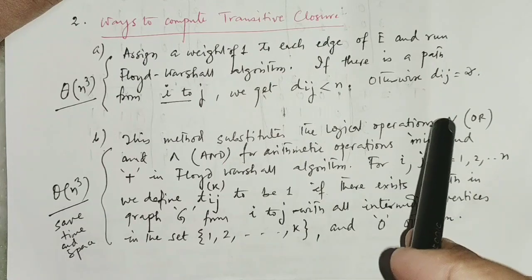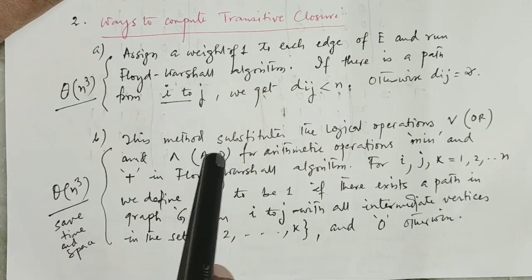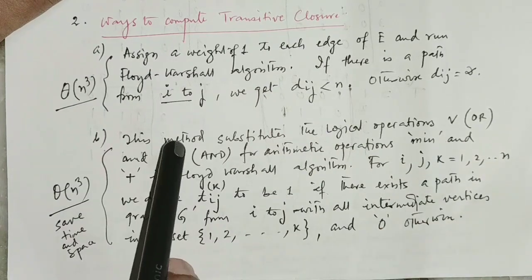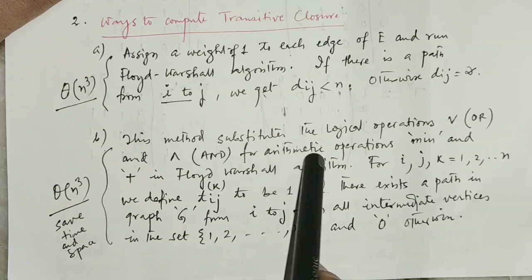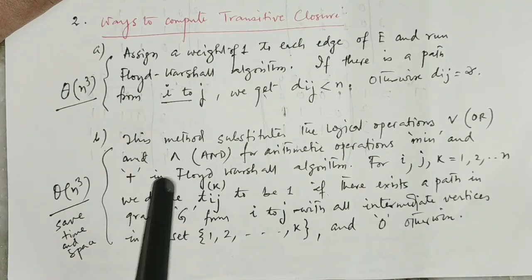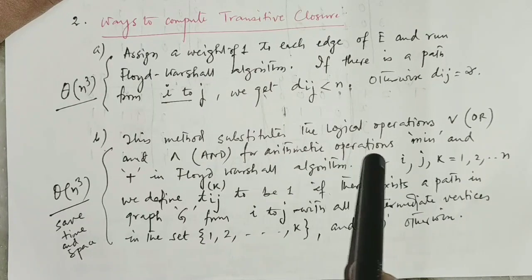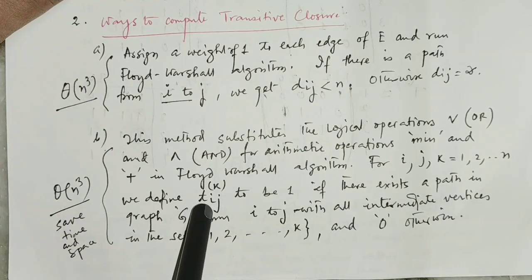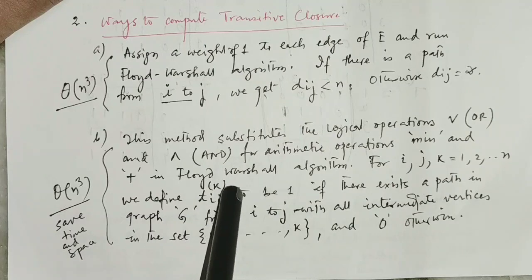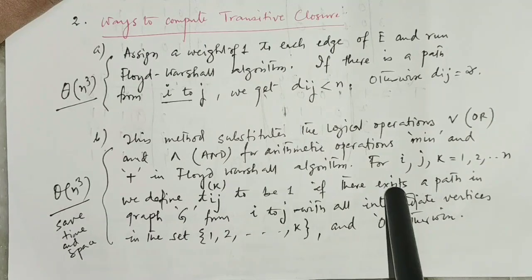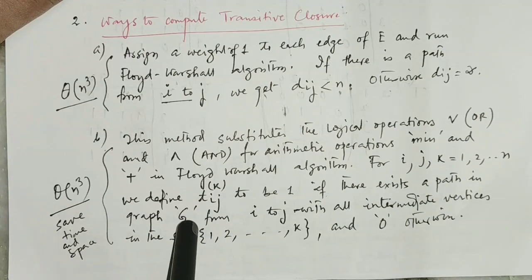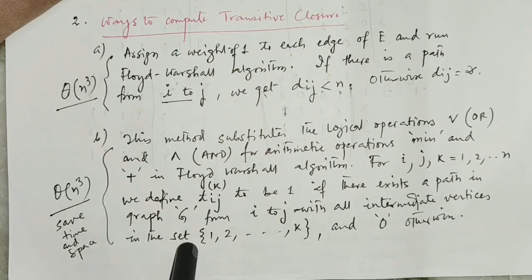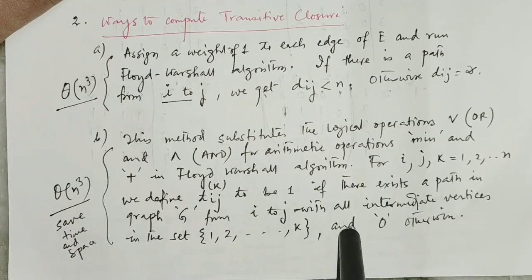Not always will you get the term OR, not always will you get the term AND. Some of the symbolic representations, the V type is called OR, and the other is called AND, for the arithmetic operations minimum and plus in the Floyd-Warshall algorithm. For i, j and k from 1 up to n, we define t of ij using k to be 1 if there exists a path in the graph G from i to j with all intermediate vertices in the set 1 up to k, and 0 otherwise.